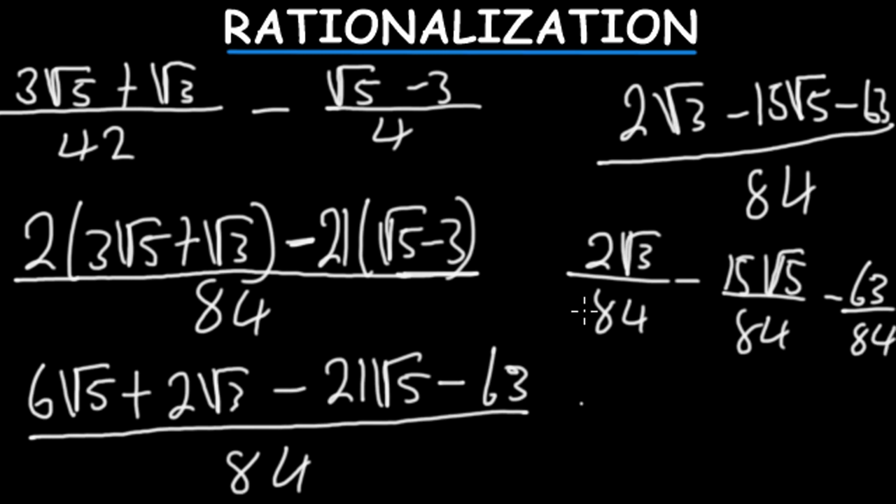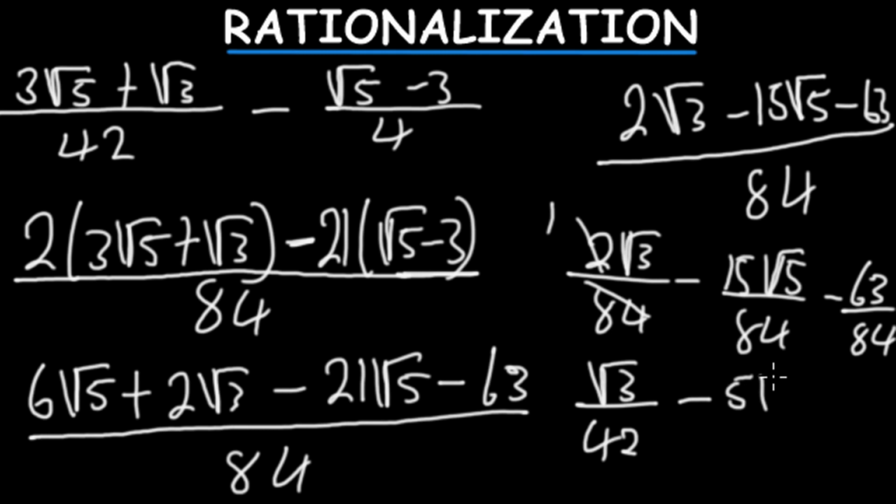Here 2 can go into both, that's 42, so we have root 3 over 42. Minus, can anything go into 15 and 84? 3 can go. So 3 in 15, that's 5, 5 times root 5, so we have 5 root 5 divided by 84 divided by 3. 84 divided by 3 is 28, so we have 28.